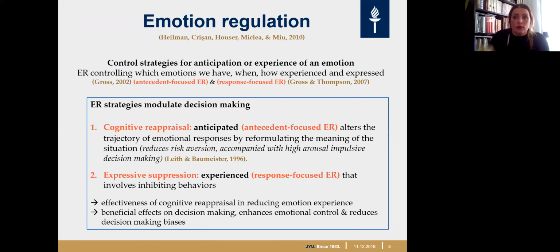And then when we talk about affect, and especially in decision making, we need to consider emotion regulation, because it highly affects the overall decision making process, and of course also the quality of the decision outcomes. So these are different kinds of control strategies for anticipated or experienced emotion.